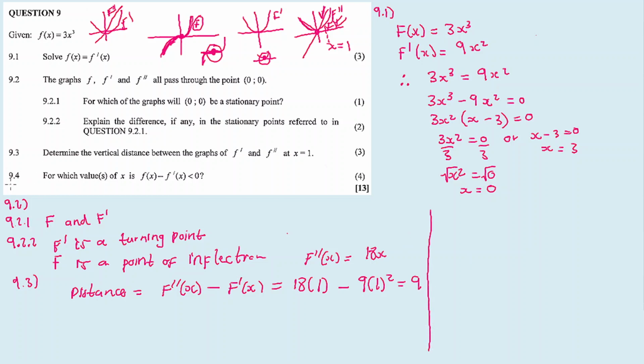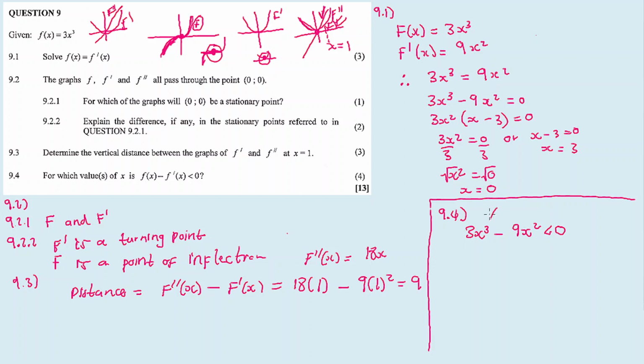Now 9.4. For which values of x is f of x minus f prime of x less than 0? So it's 3x cubed minus 9x squared less than 0.